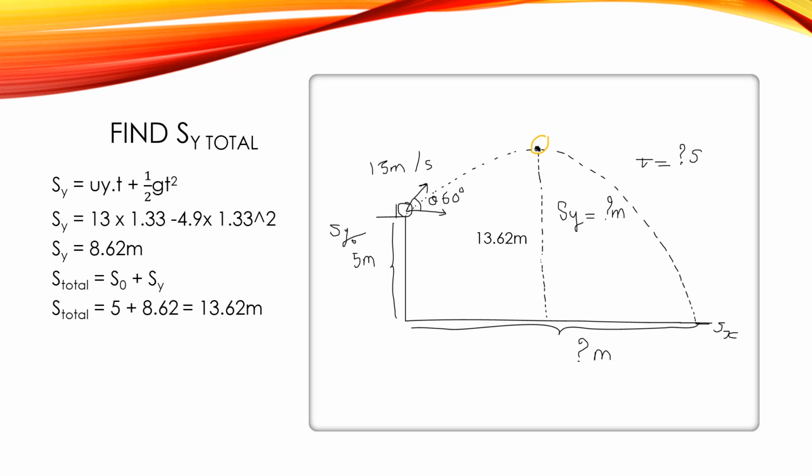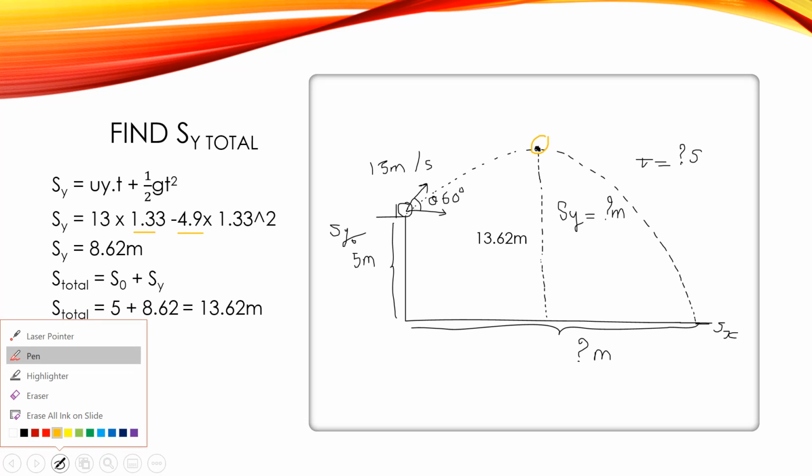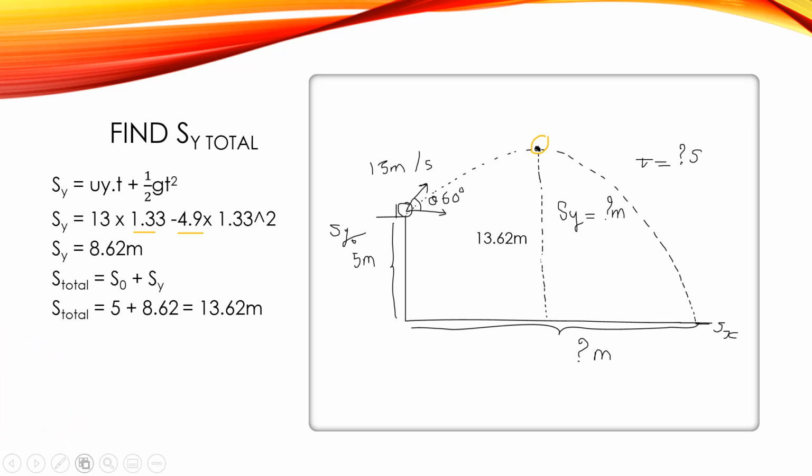And the t was 1.33, and again the acceleration due to gravity is negative 4.9, and this one t square. And after all, I found it 8.62 meters. But be careful, because this one is the displacement when the ball was launched.